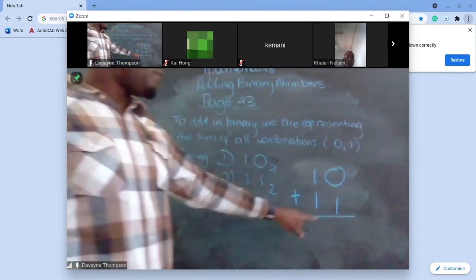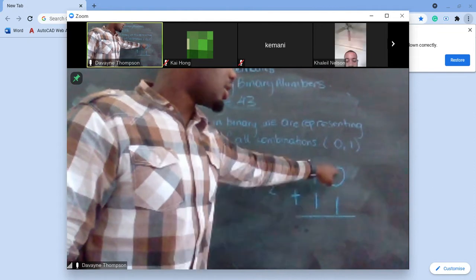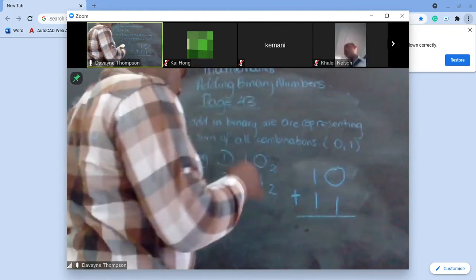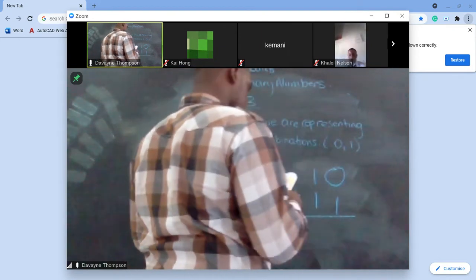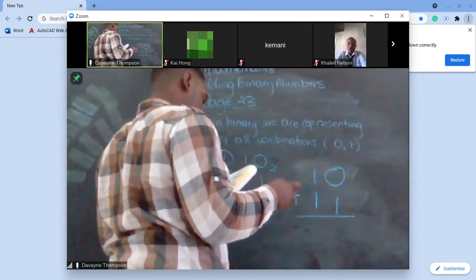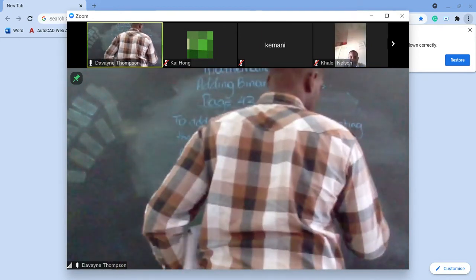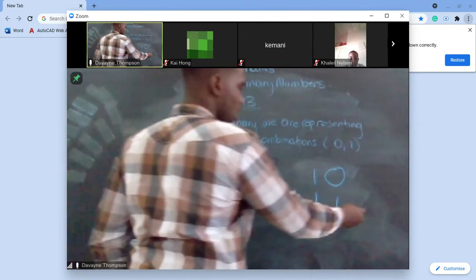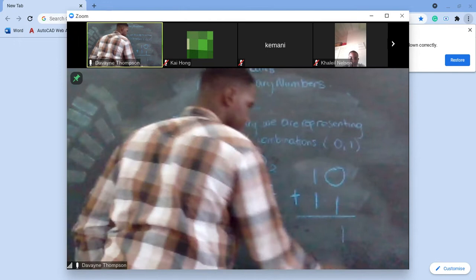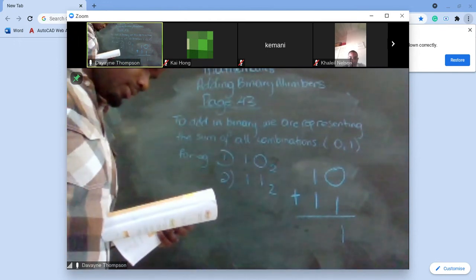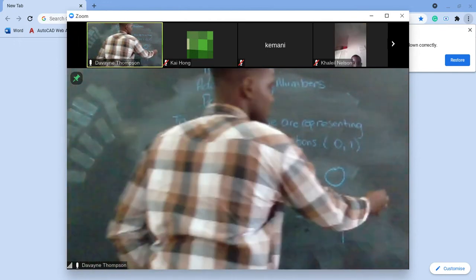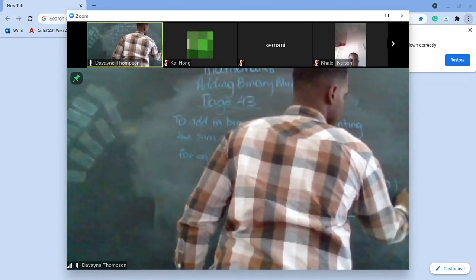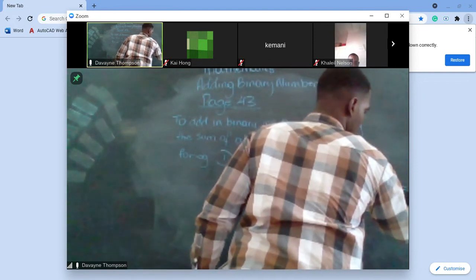Right. So the first thing I want you to do is to look on the column to the right. And here's what I want you to write. We're going to say 1 plus 0, based on what we learned last class. 1 plus 0 will always equal 1, or in other words, 1 plus 0 equals 1 ones.